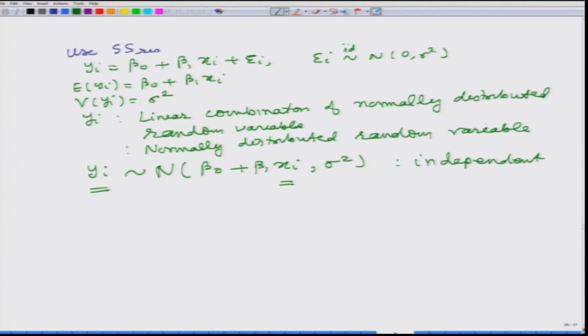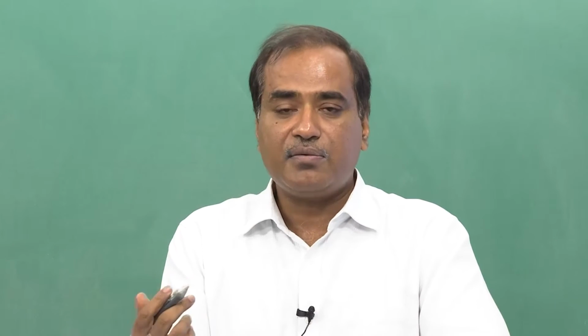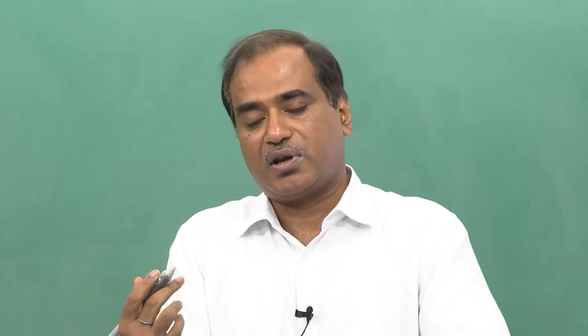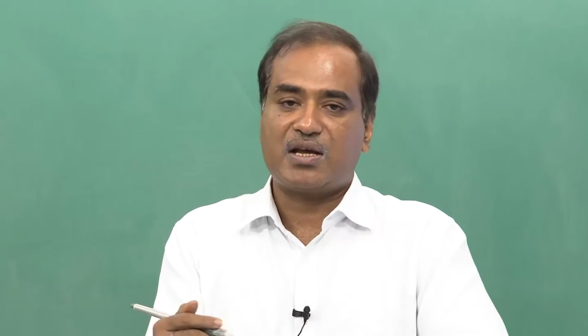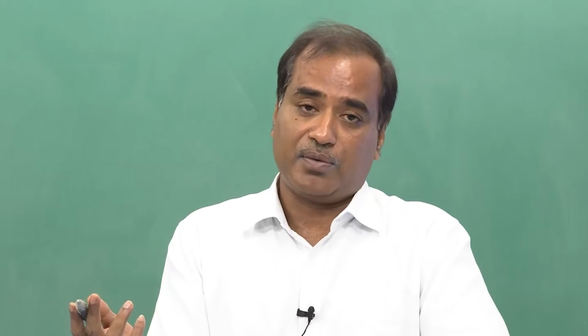Right. So, once I can write this thing, then we also know that sum of squares of normal random variables follows a chi-square distribution. So, if there are n random variables, each of them following a normal distribution, then their sum of squares will follow a chi-square distribution with n degrees of freedom.